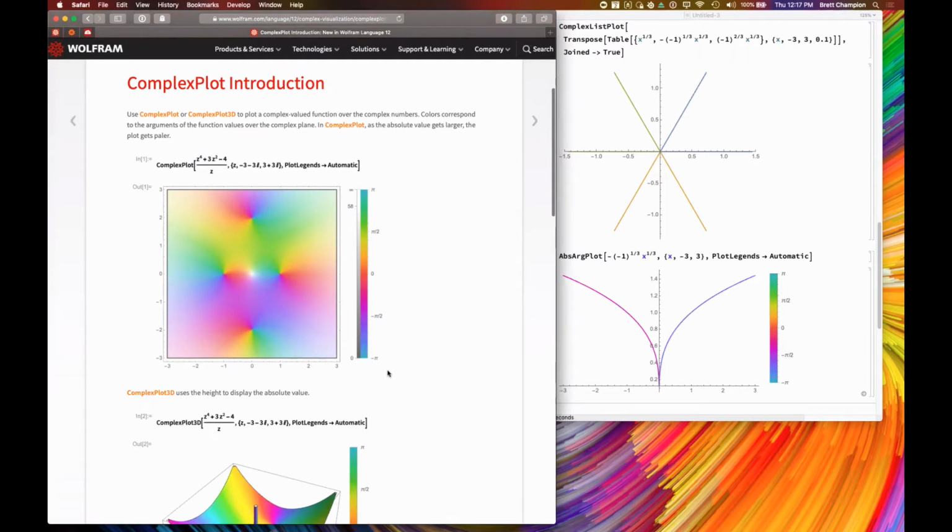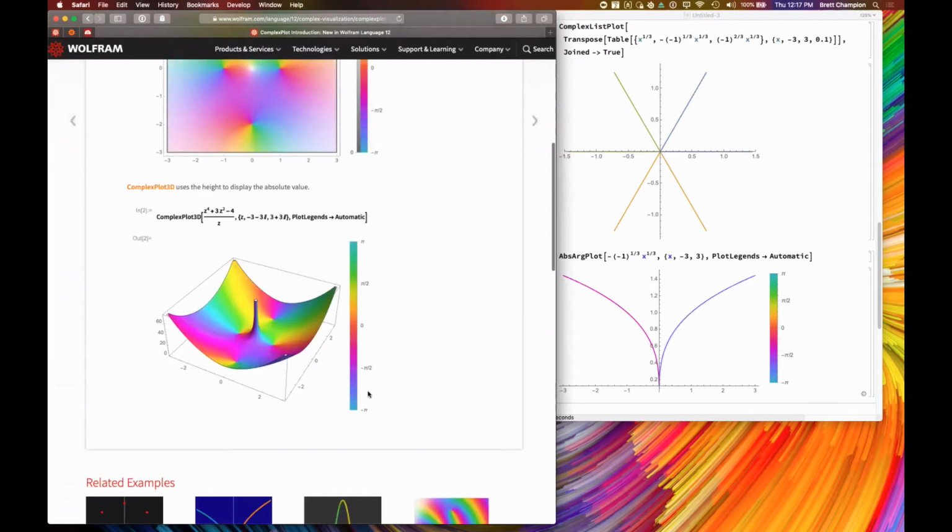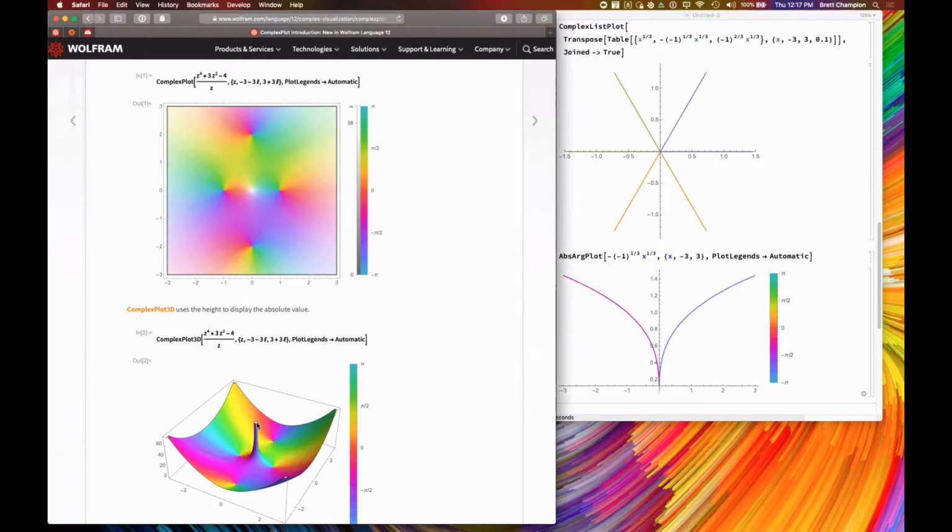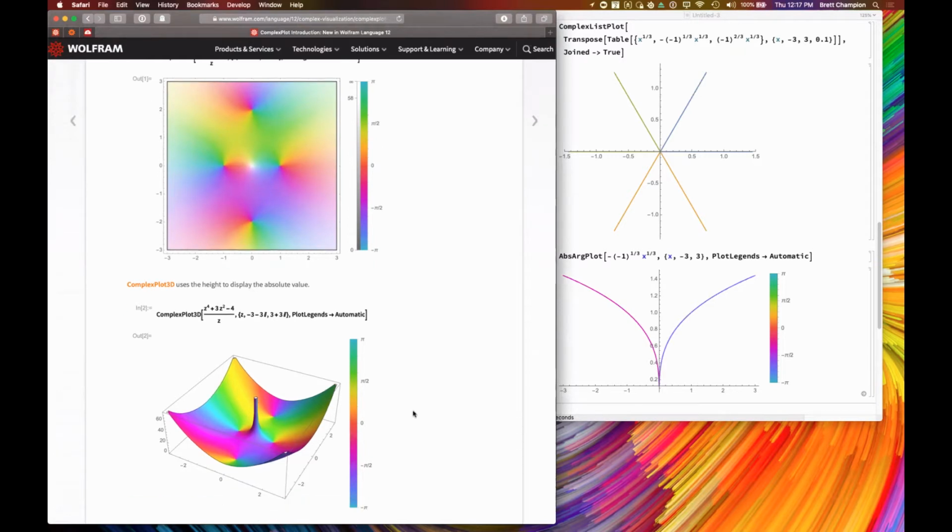Complex plot 3D is very similar. We use the same color function, but because it's a 3D plot, we don't have to do the secondary shading to show what the change in height is, and so we just use height for the magnitude of the complex number. And so that's the basic idea behind complex plot and complex plot 3D.